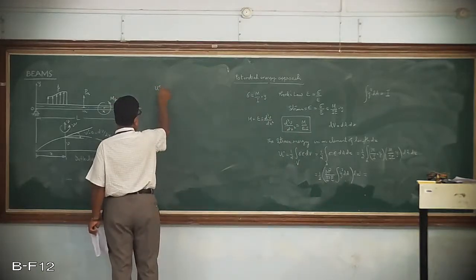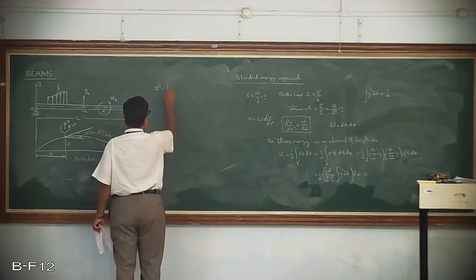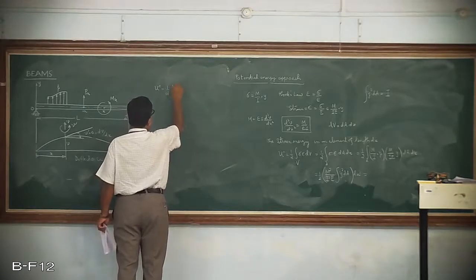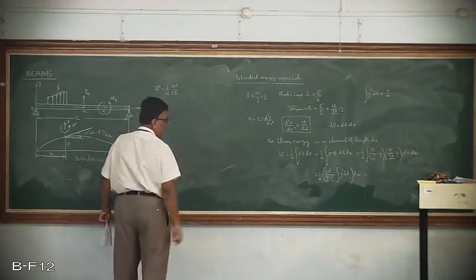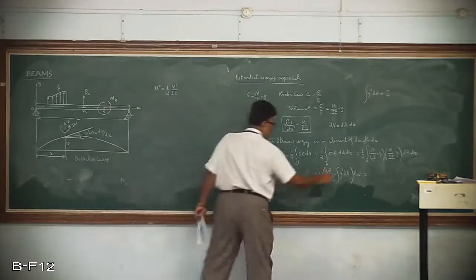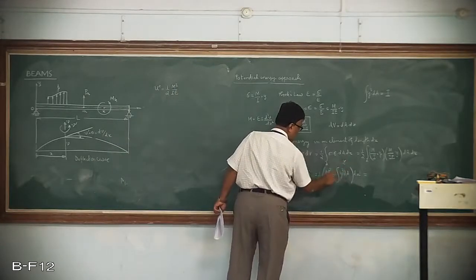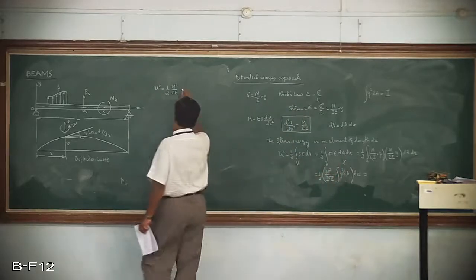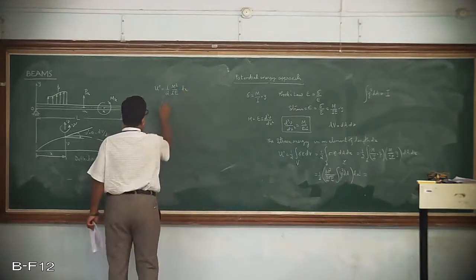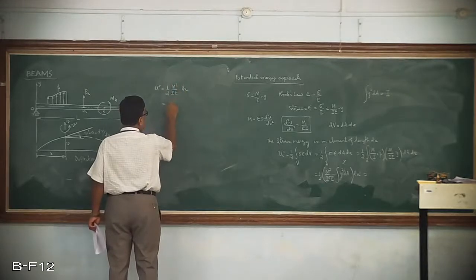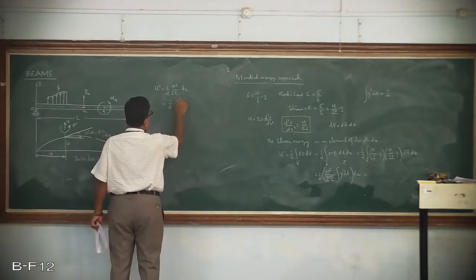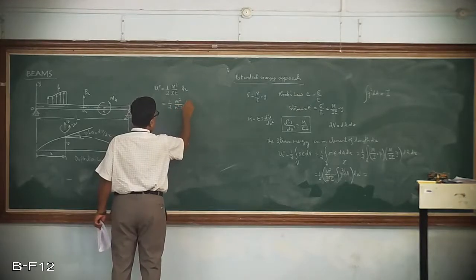UE is equal to half M square upon IE into dx, because one I gets cancelled with this. Here I will take this M square and multiply and divide by EI.